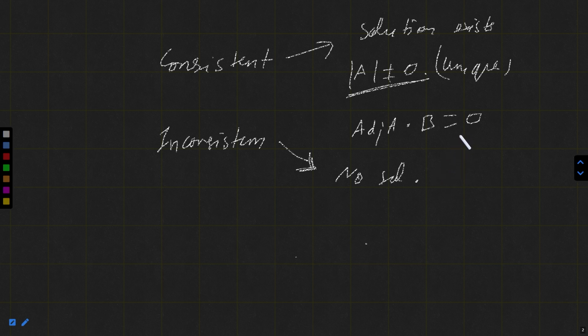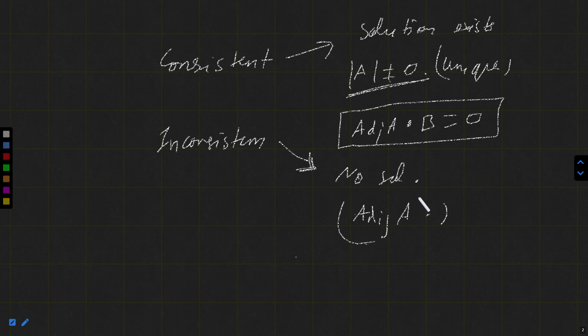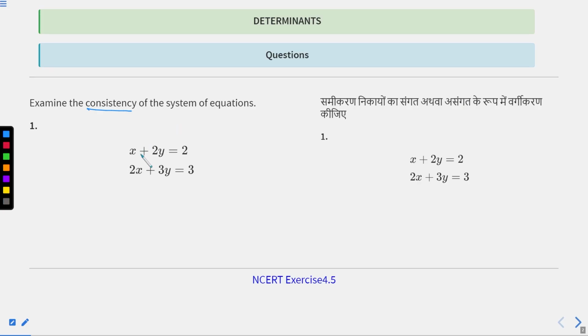It might be consistent or not. If adjoint of A multiplied by B is non-zero, then it is inconsistent. So these will be the steps in order to solve these questions.